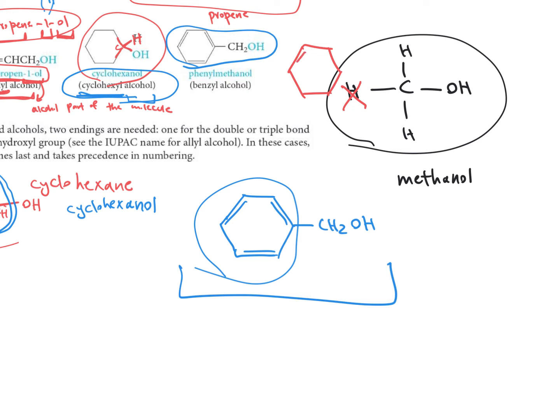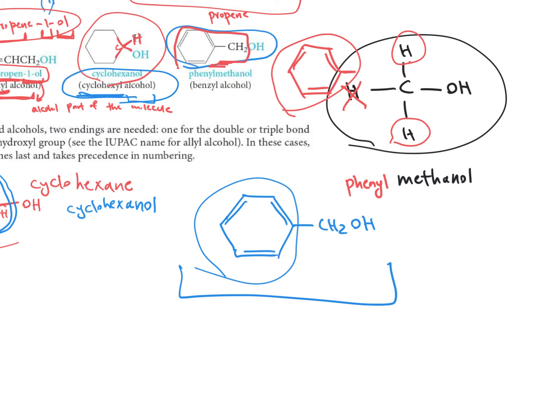Can anyone remember what this was? Phenyl, right? Exactly. So that's why we call that phenyl methanol. And again, we don't use any numbers because even if you put this phenyl here or here, it would be basically the same.